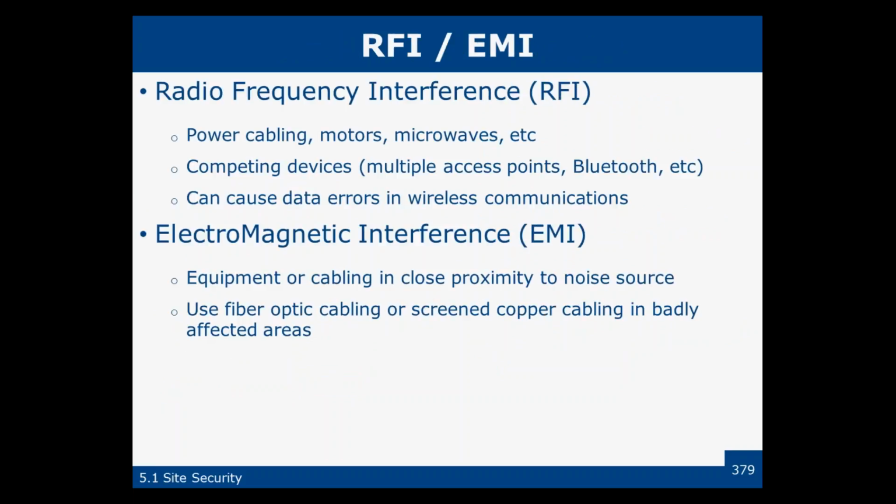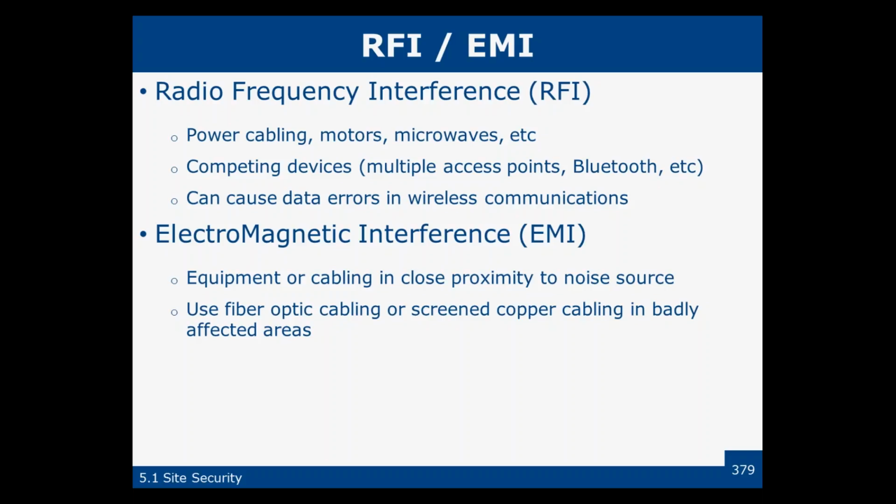RFI and EMI are problems. RFI, radio frequency interference. We humans create a lot of these things, and RFI can be things like the power cabling, motors, microwaves, anything that can emanate a radio frequency signal. We're going to have competing devices. You can have multiple access points, Bluetooth devices.